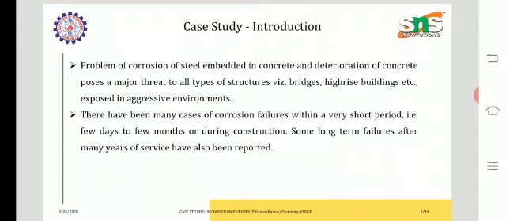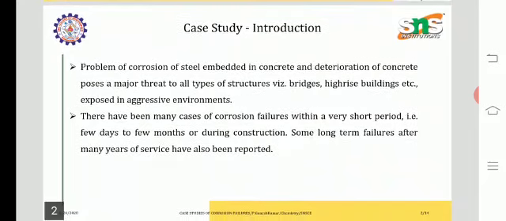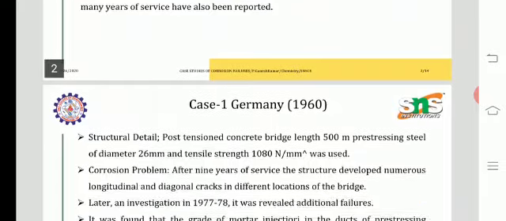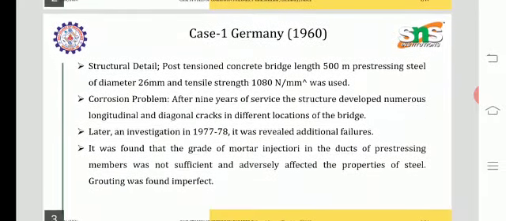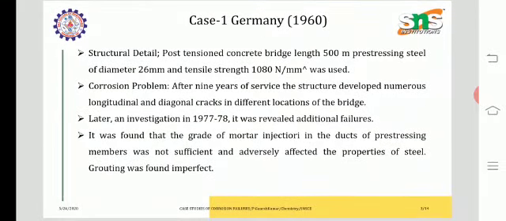There have been many corrosion failures in a very short period, in a few months or a few years. Due to corrosion, the structures may undergo failure. Some long-term failures may also arise. These corrosions have appeared in many countries. We can discuss it by a case approach.